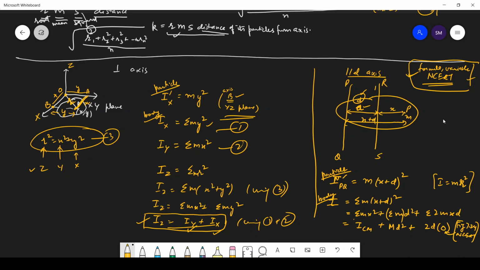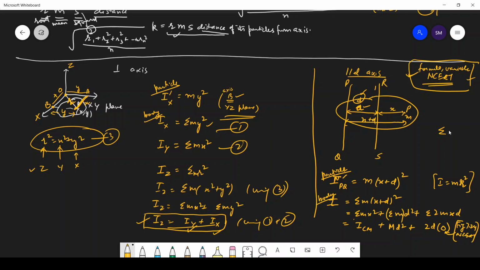Because you know that when you are balancing a cardboard, and you are rotating it, just like in figure 7.24, you can assume that these distances are mi ri.